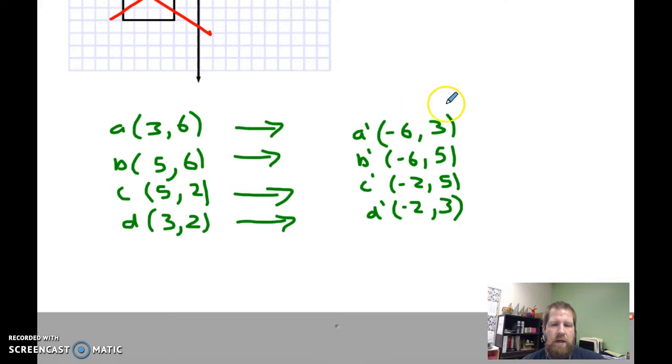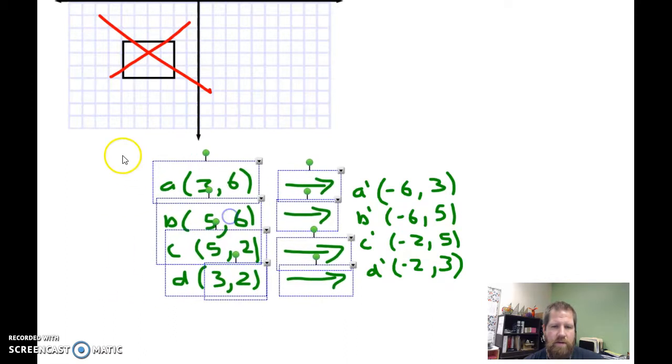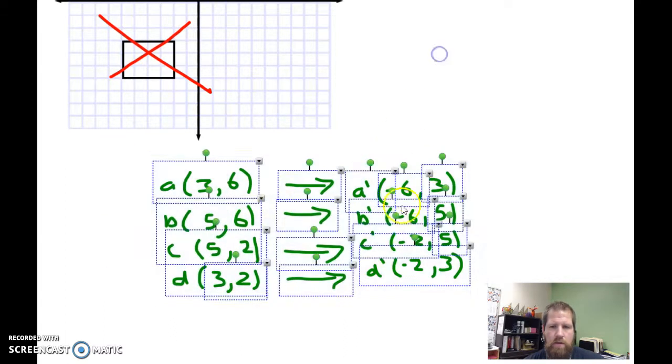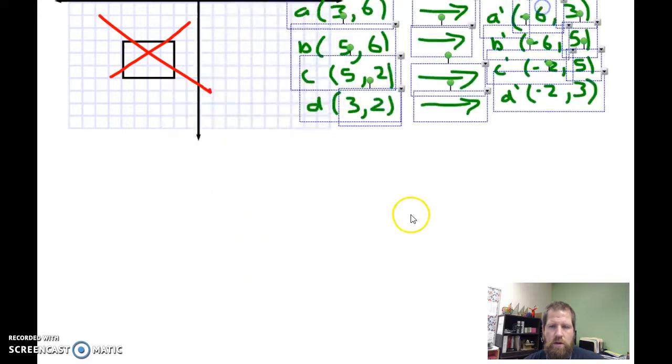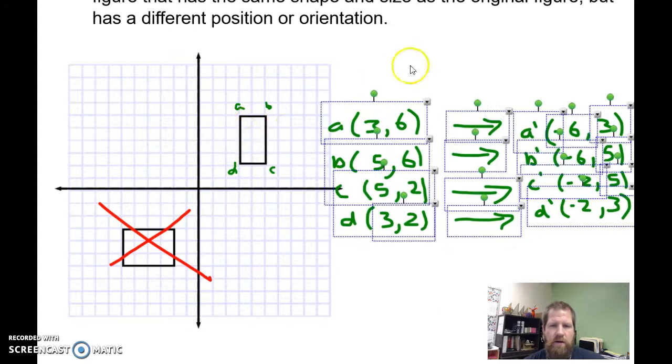Okay? An easy way to tell, if you've identified that this is probably a 90-degree rotation and you can't remember exactly how a 90-degree rotation changes your values, is to go back to your graph. Okay, let's move this back up here. All right, so here's my graph.